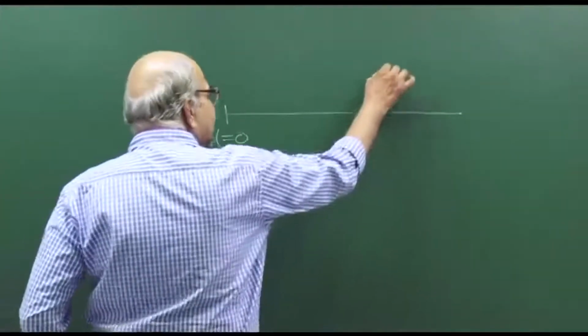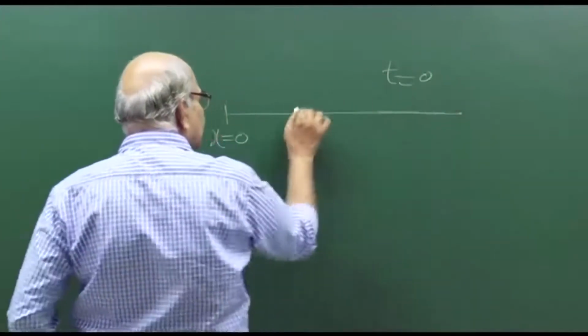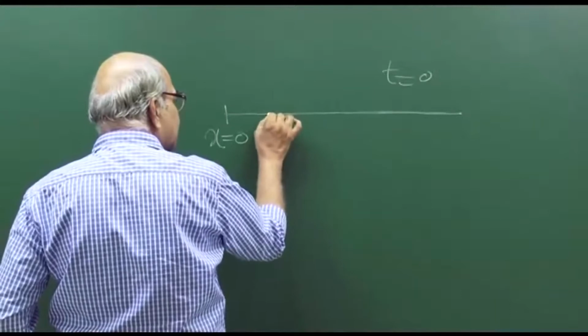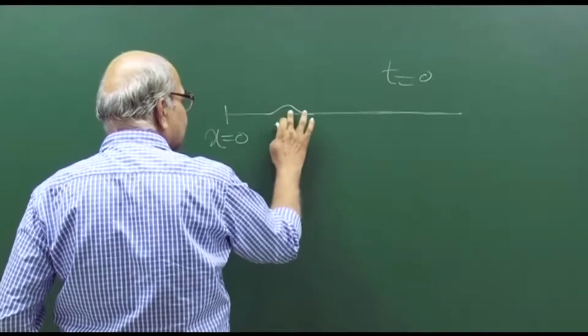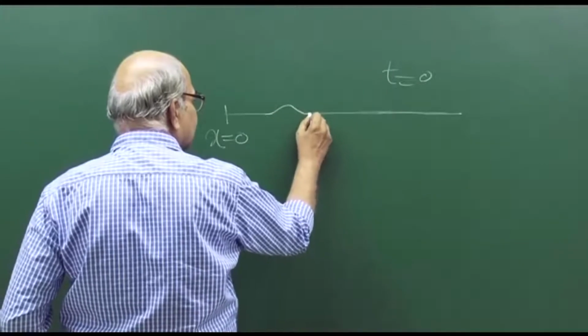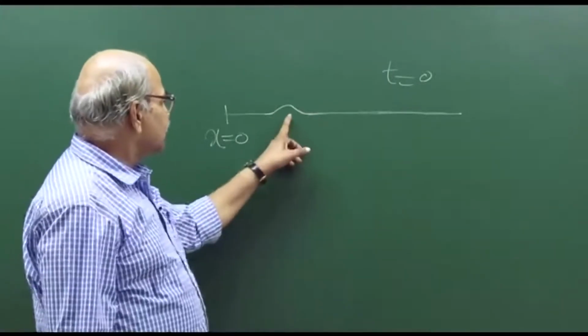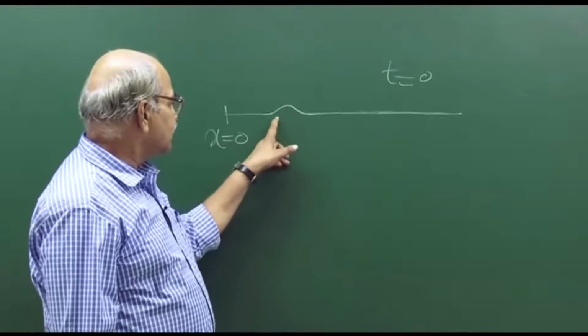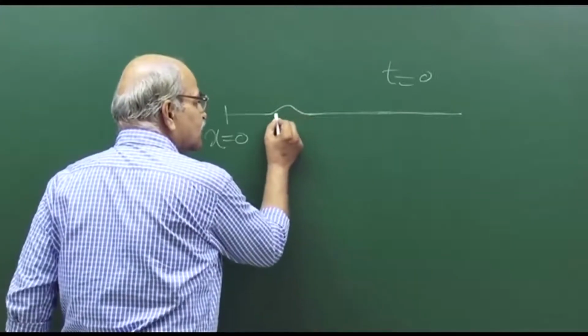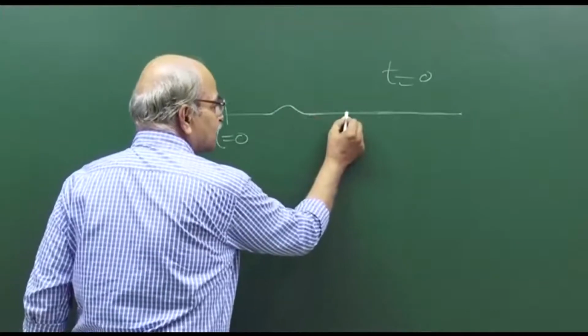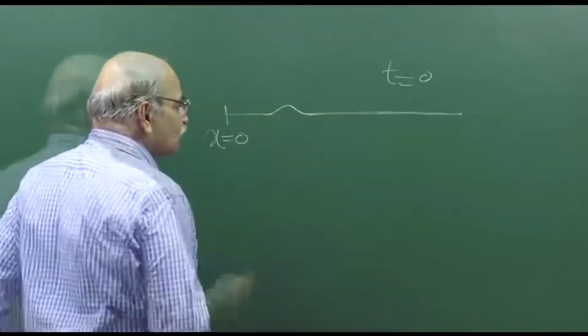And then let us say at t equal to 0, this particular portion is disturbed and it is like this. This string is like this. So, the disturbance is here, larger disturbance here, smaller disturbance here, and so on. Here the disturbance is 0, here the disturbance is 0.